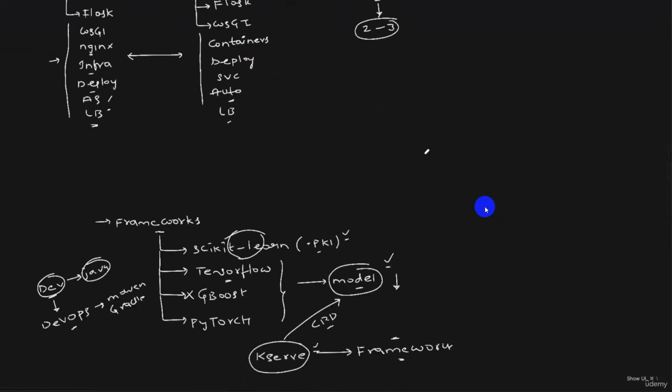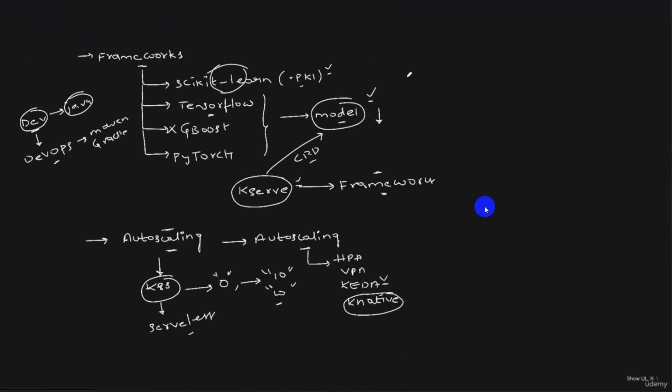But with Kserve, all of these activities can be automated. On top of that, Kserve supports multiple frameworks. Whether data scientists use scikit-learn, TensorFlow, XGBoost, or PyTorch, MLOps engineers can just provide the location of the model file, and Kserve takes care of the deployment and serving.